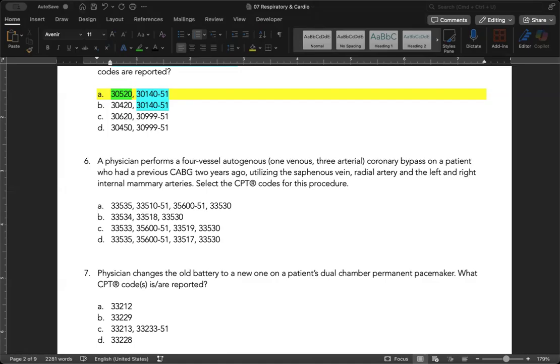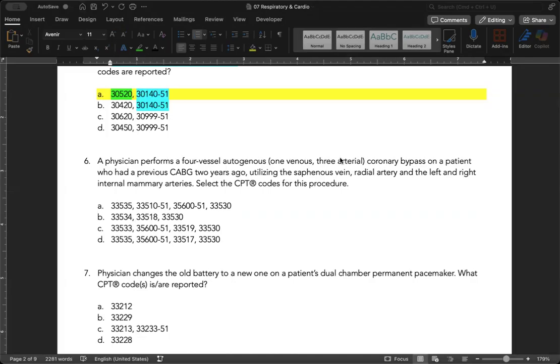Underneath coronary artery bypass graft, we did arterial venous, right? Because we had 1 vein and 3 arteries. So we need 33517 through 33519, and then 21 through 23. Those are going to be the coronary artery bypass using the venous graft and arterial graft.